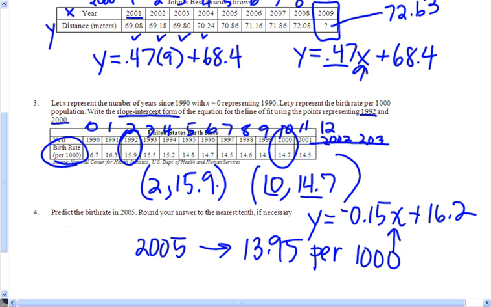Since we went beyond the data, we're extrapolating is the word for it. But you have to sometimes be careful about going too far beyond the data. If you're predicting outside of the data you have, it's likely to be less accurate. Anyway, all right, guys, try the other ones, and then you can redo that quiz.